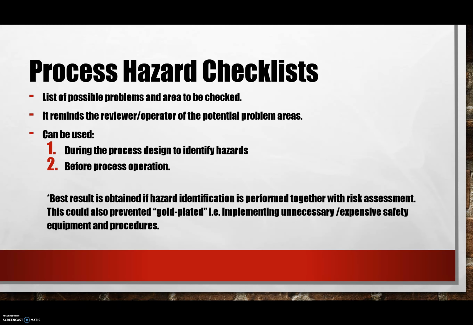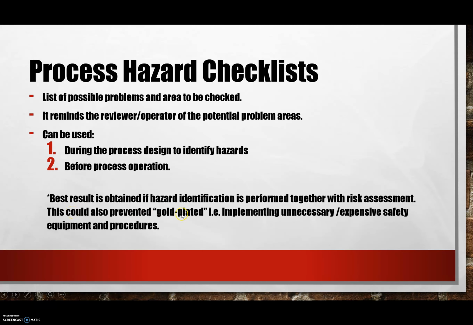The best result is obtained if hazard identification is performed together with risk assessment, just like what we saw previously: hazard identification combined with risk assessment and also risk control.